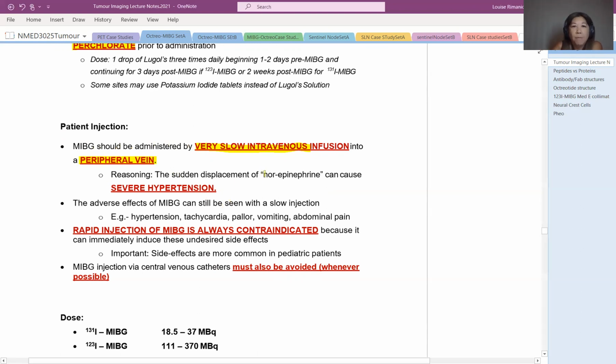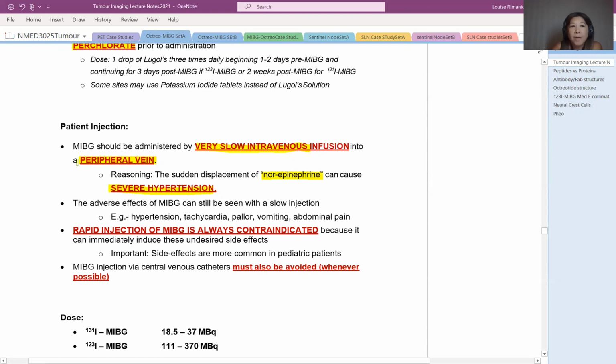Well, again, remember that this is a norepinephrine analog. If you were to give it as a very quick bolus, there may be some adverse effects, and that can include severe hypertension, right? So we want to give it very slowly.